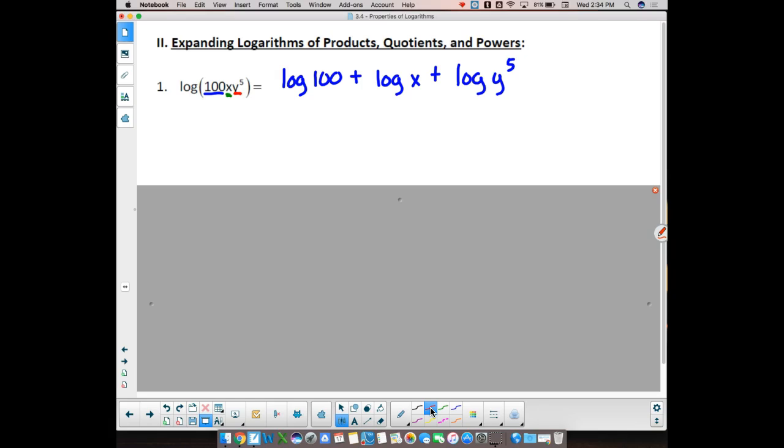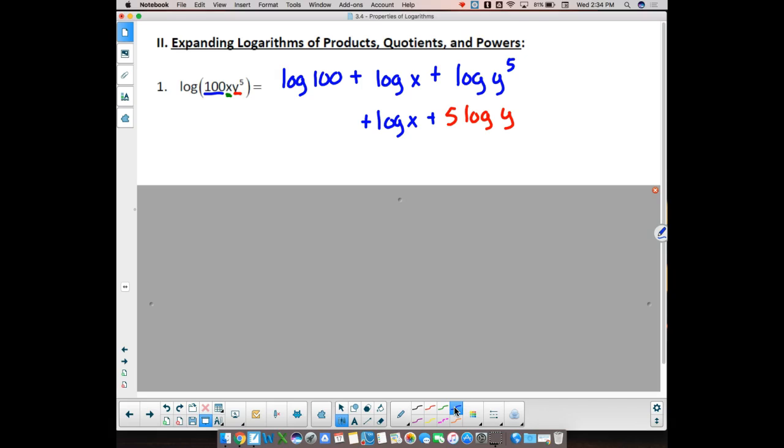Okay. Then I apply power properties if I can. So I can change this one to be 5 log of y. Move that exponent down in front. Log of 100.